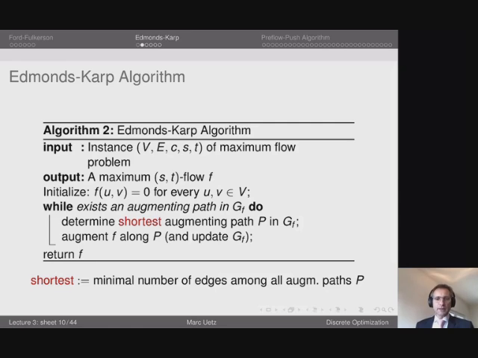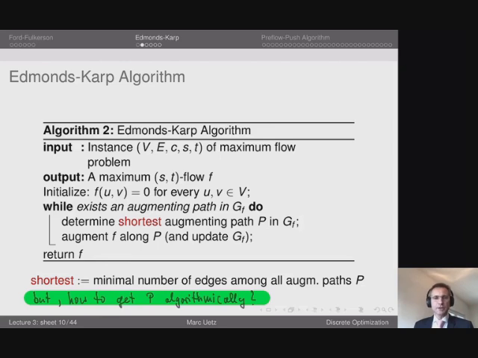So how do we get these shortest augmenting paths? You might wonder, okay, how do I obtain shortest augmenting paths in the number of edges algorithmically? And the answer is quite simple. That's actually what BFS does for us.